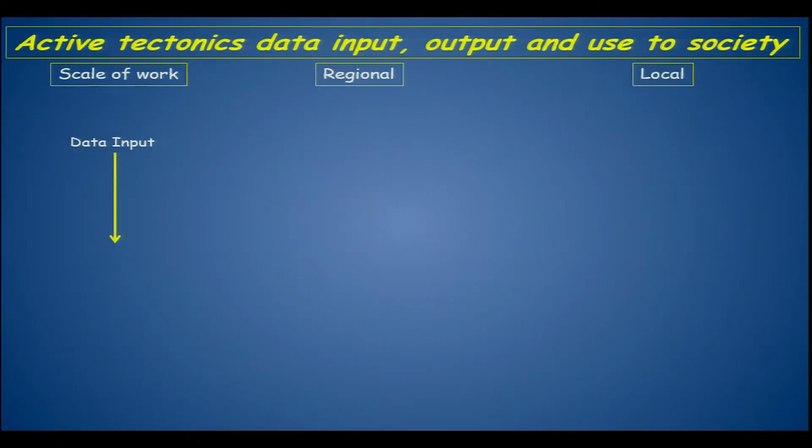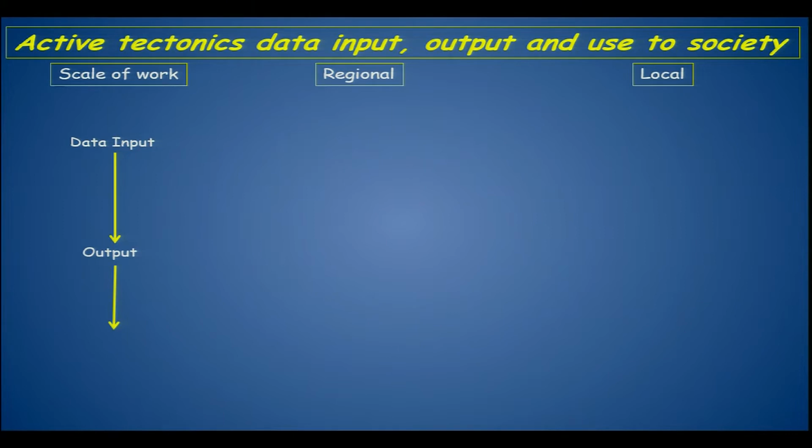If you are going for urbanization or some industrial setup, then those sites are to be surveyed first before getting into the business of construction. So, data input is very important, and then of course the output.